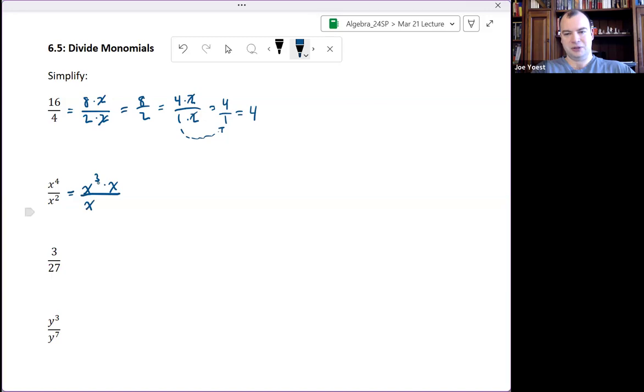And x squared, similarly, I could write as x times x. And I see that I could divide out a factor of x from the numerator and denominator. Do I have any other common factors? Well, I suppose I could split another factor of x off of the cubed.